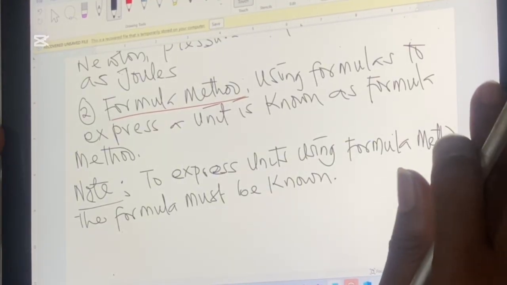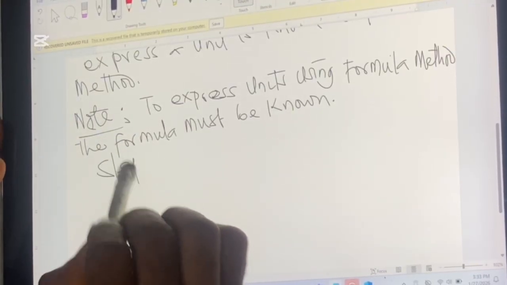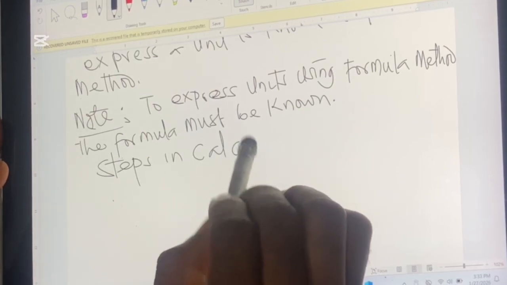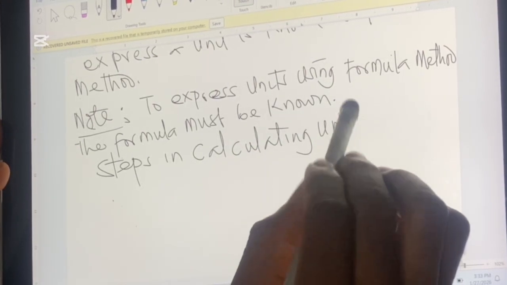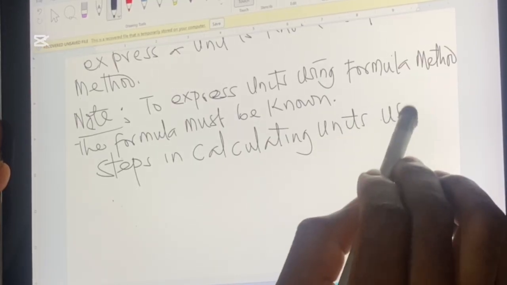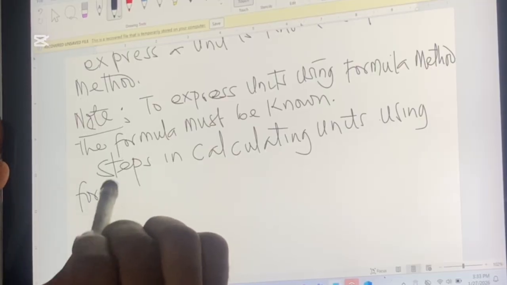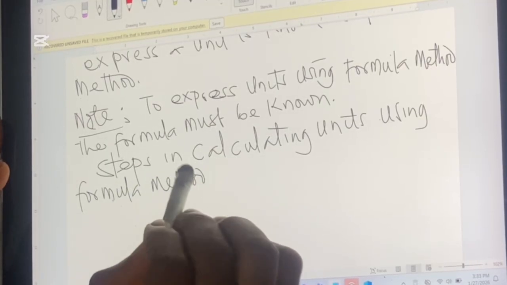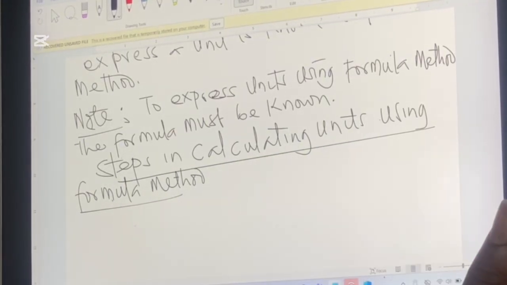So now let's take the steps in calculating units using formula method. Please write steps in calculating units using formula method.